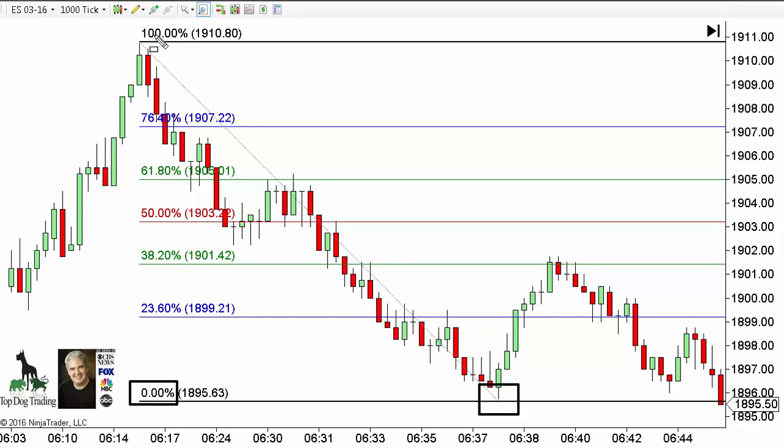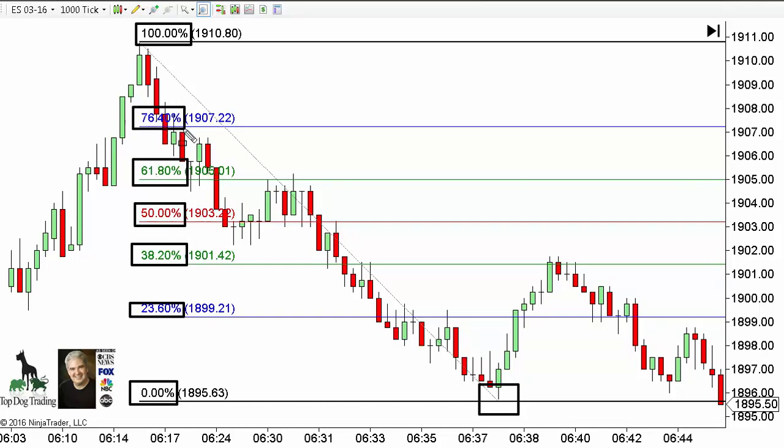If it goes all the way back to where we started, it retraces 100% of the move. Then we have these ones in between, 23.6, 38.2, 50, halfway, 61.8, and 76.4. As you can see, now we're just going to be using this tool from this point on.